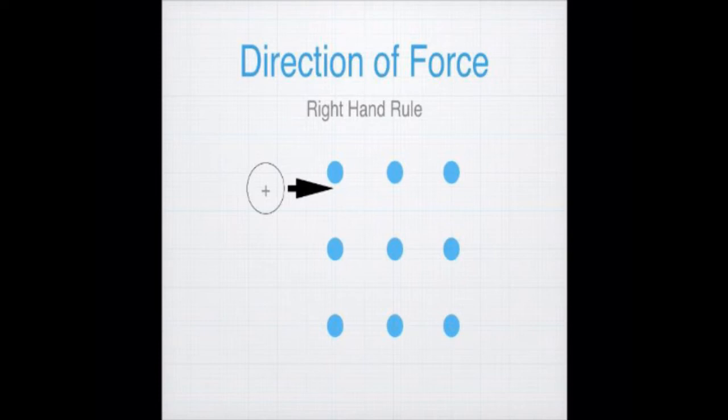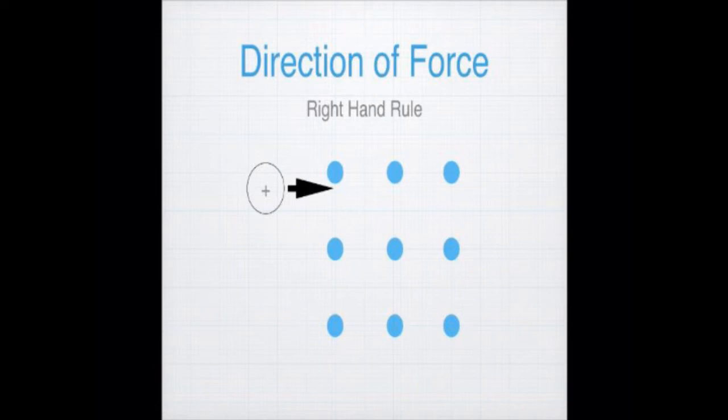Once you've done this, you're on your way. I've got the black arrow here representing the velocity of my positive charge, going into a field that's coming out of your screen. So you've got your right hand. You point your fingers in the direction of the velocity.